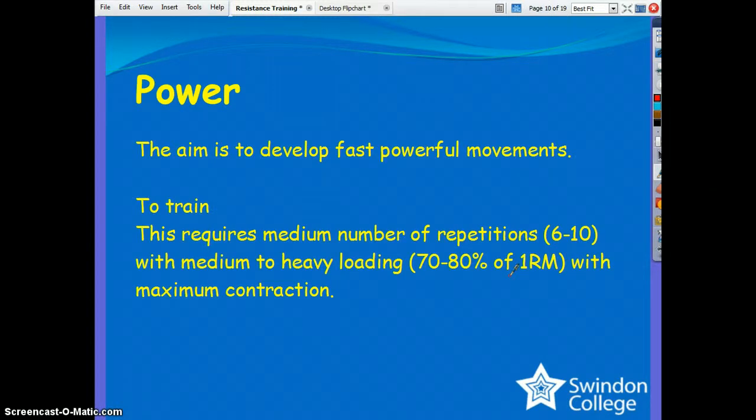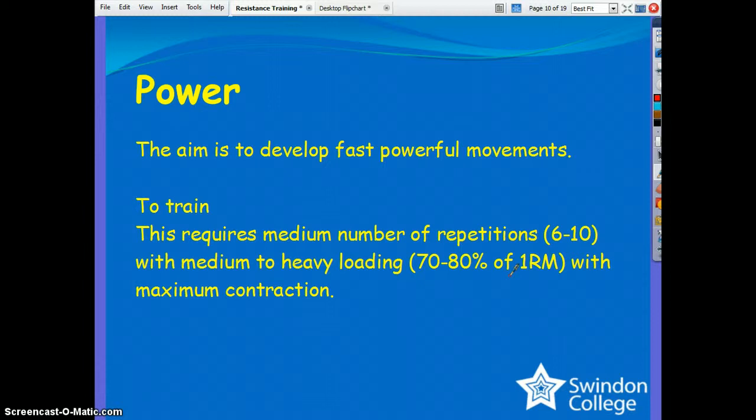Power. So power is the aim to develop fast, powerful movements. To train this, we need a medium number of repetitions, so anything between 6 and 10 reps, and a medium to heavy loading, so around 70 to 80% of a 1 rep max, with a maximum contraction. When I talk about that, I mean that in the contraction phase, we contract as hard and quickly as possible.